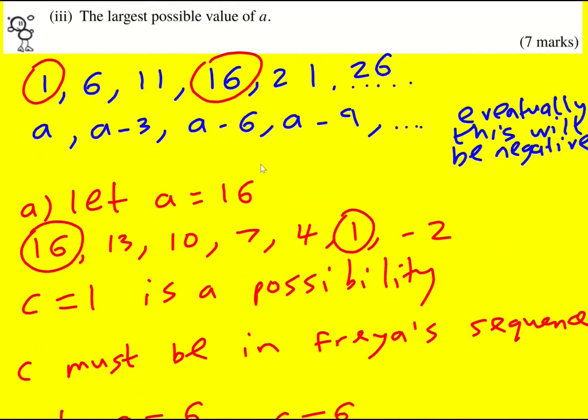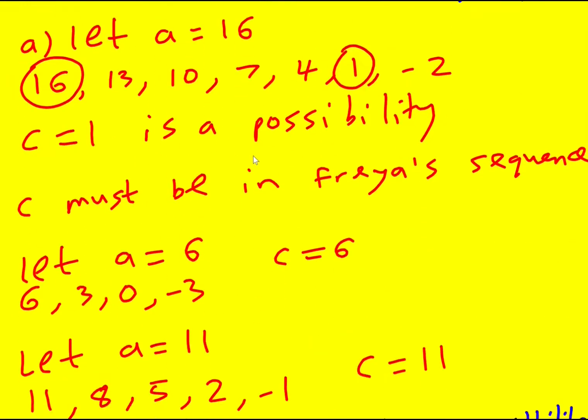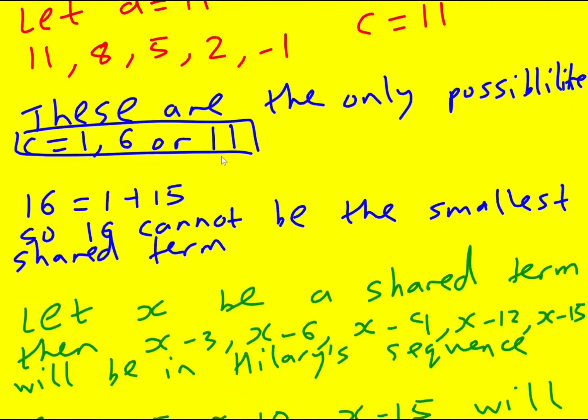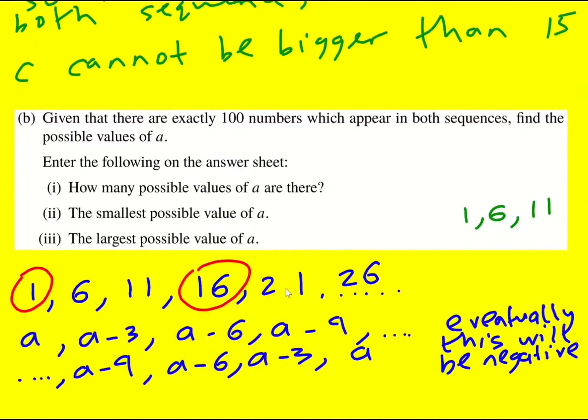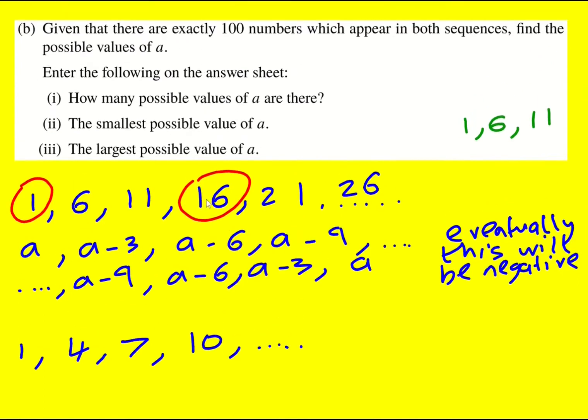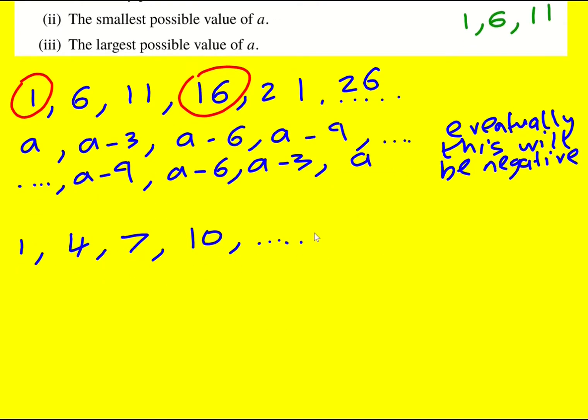Every 15, you'll get a repetition. And therefore, if I want 100 numbers, then my last term is going to be 1 plus... okay, so 16 is going to be the next one that's repeated.